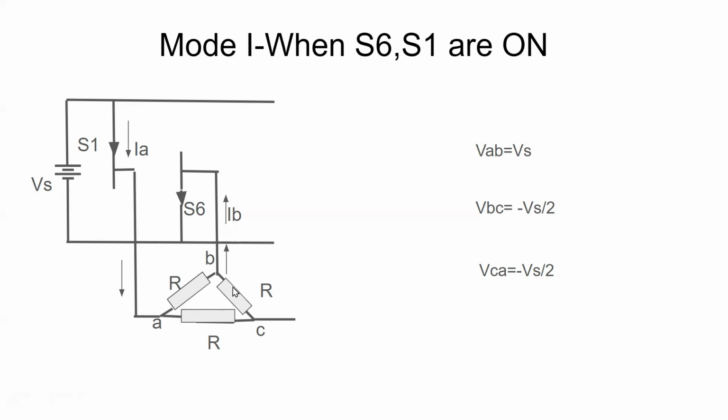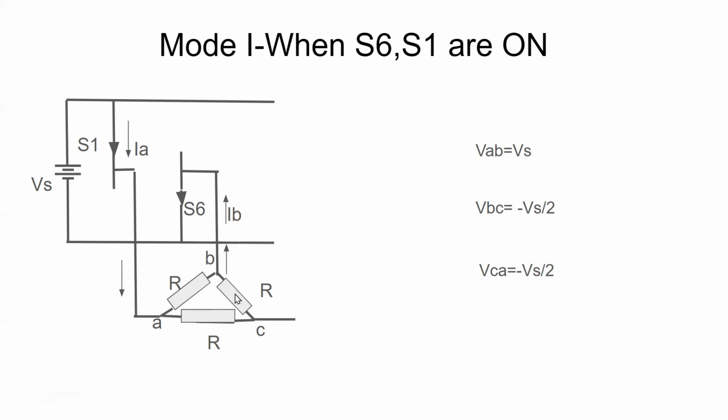So we can see that the two resistors will be in series connected between B and A. So we can write that A terminal is connected to plus of Vs and B terminal is connected to minus of Vs. So we can write VAB equal to plus Vs.